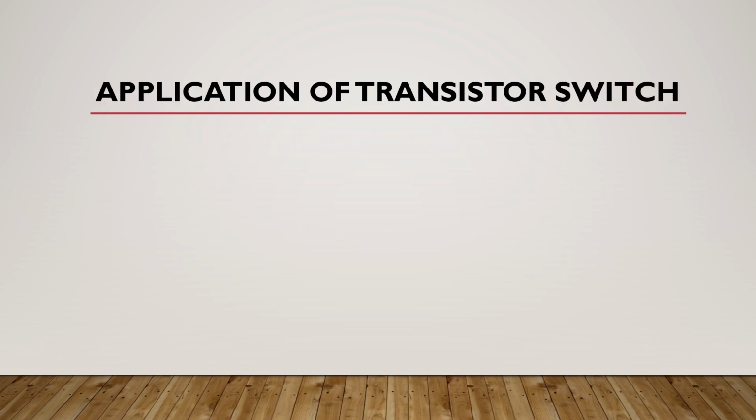Now we will understand a simple application of a transistor switch. The transistor is used as a switch to turn the LED on and off. In this case, the circuit diagram will look like this.